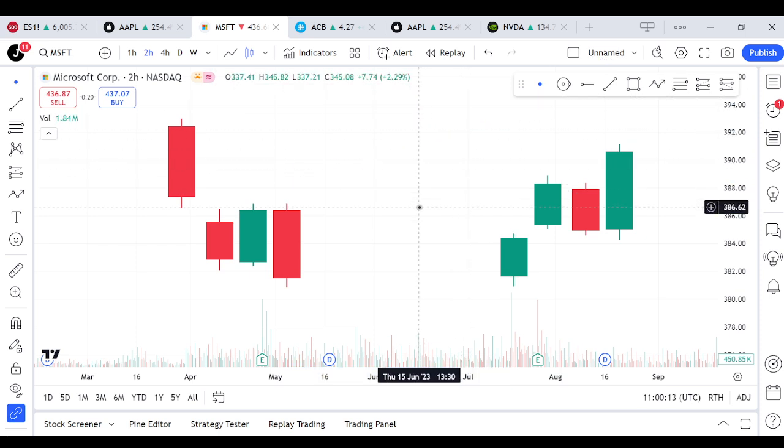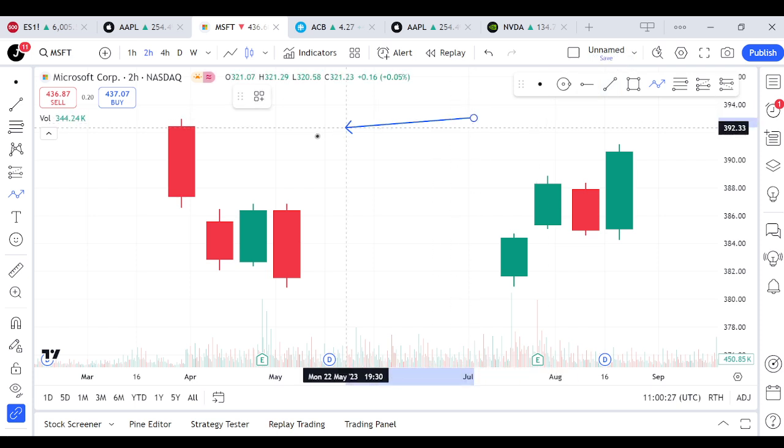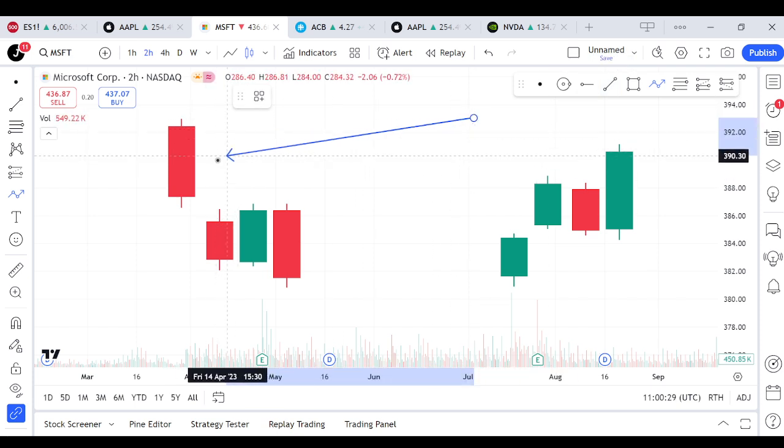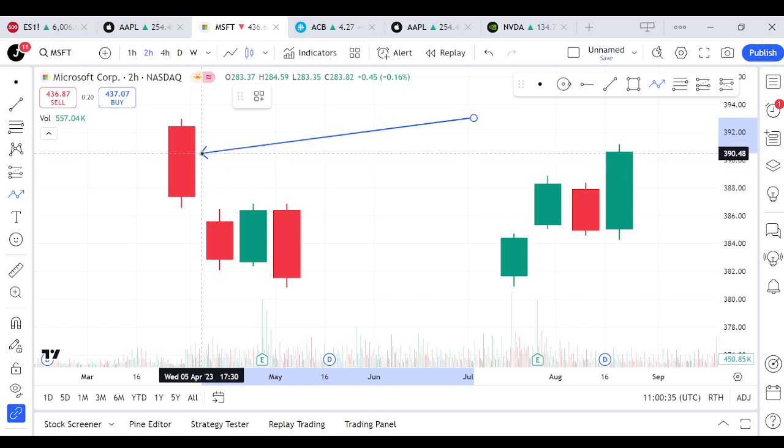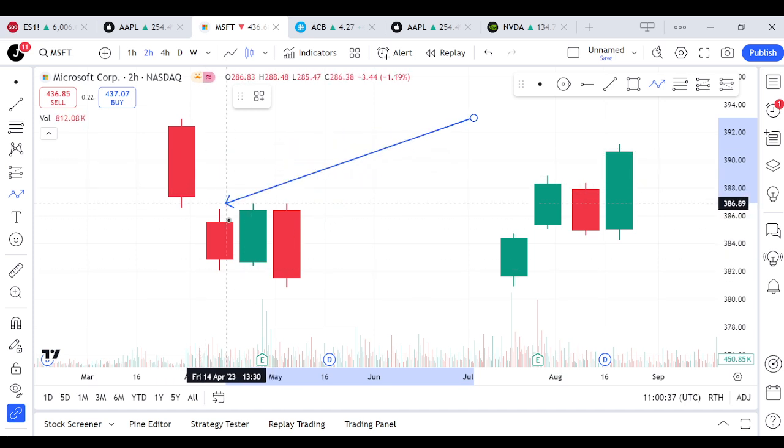Let's look at the structure of this Tasuki Gap candlestick pattern. The first candlestick shows strong momentum in the direction of the existing trend, either bullish or bearish. Let's use the bearish example to explain. You can see the first candlestick shows strong momentum in the direction of the existing trend, which is bearish in this case.